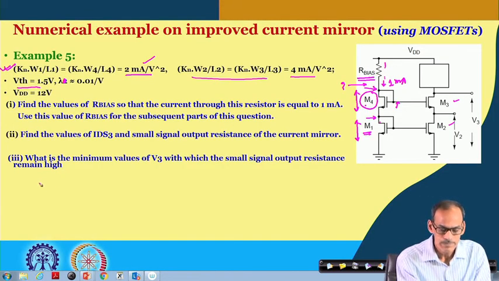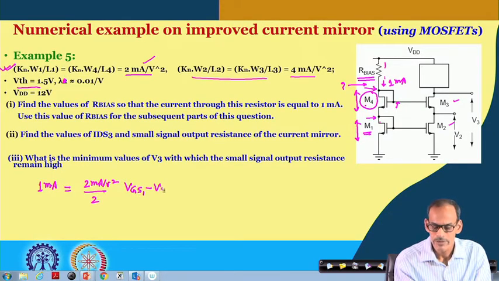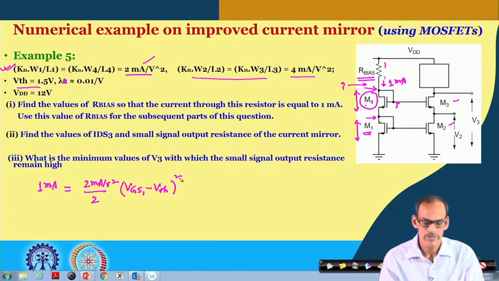So, 1 milliampere of IDS 1 equals its corresponding K, which is 2 milliampere per volt square, divided by 2 into VGS minus VTH square. Again we are dropping the 1 plus lambda VDS part.